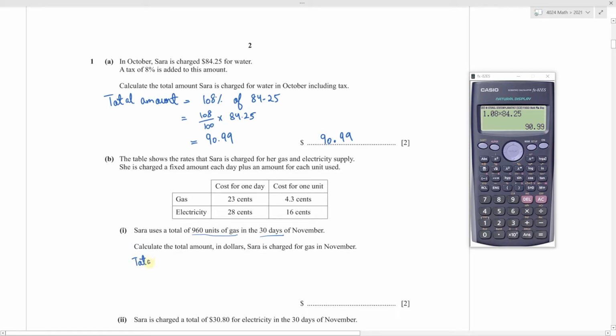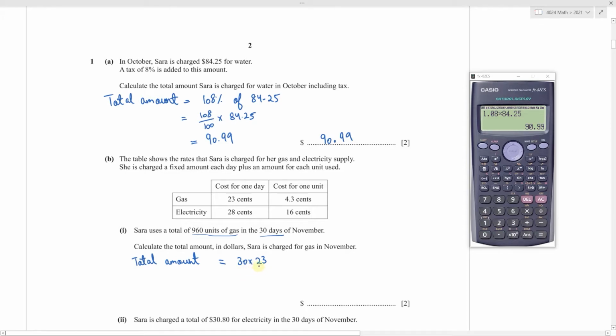So the total amount charged for gas will be the per day charge plus the per unit charge. So there are 30 days in November. Cost for 1 day for gas is 23 cents. So the cost for 30 days will be 30 multiplied by 23 cents.